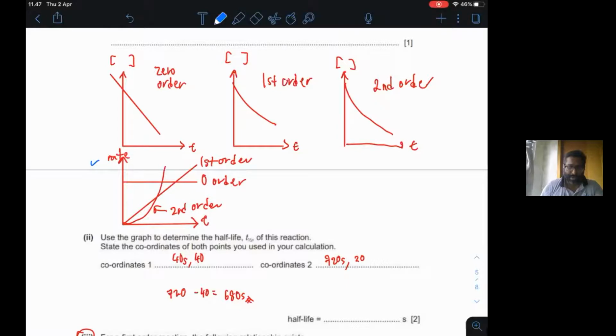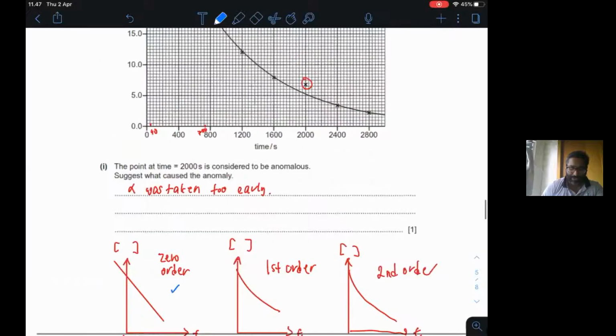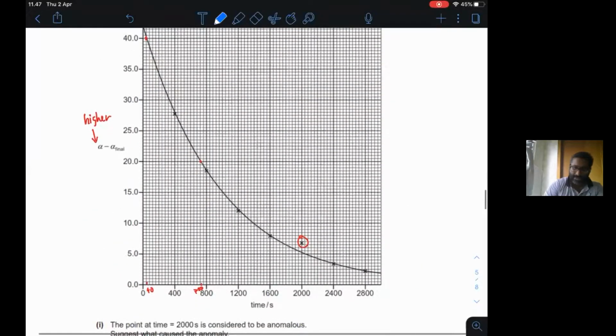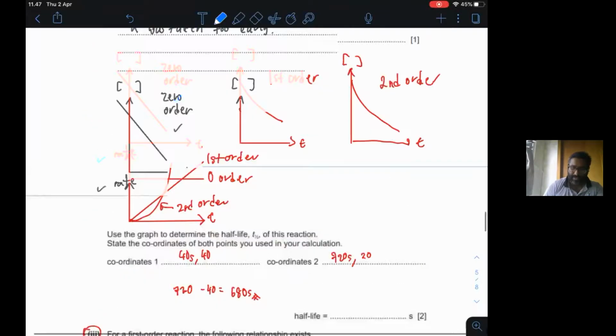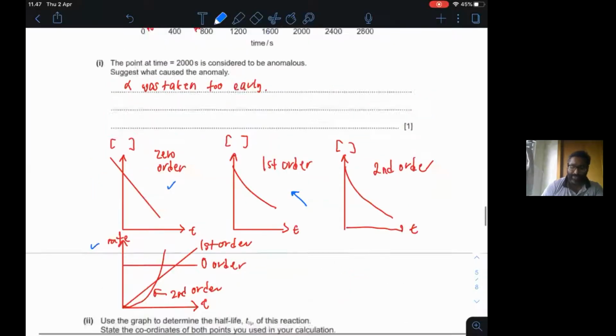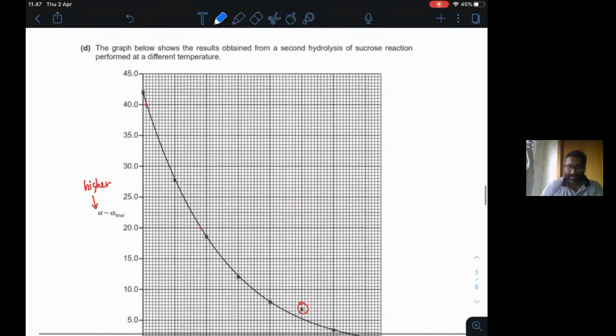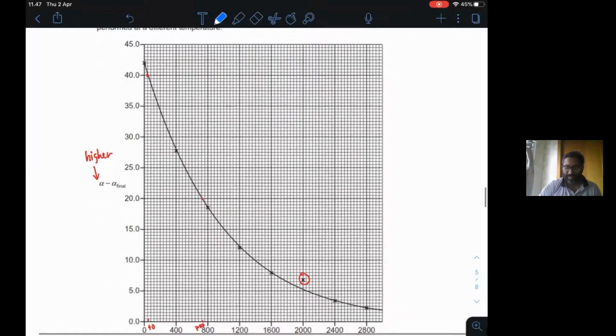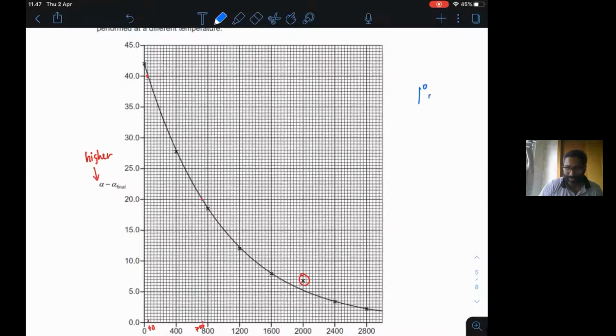But if you have concentration versus time and you get something like that, that's a zero order. Here you are going to get a curve. The moment you see the curve, that's the first order reaction over here.